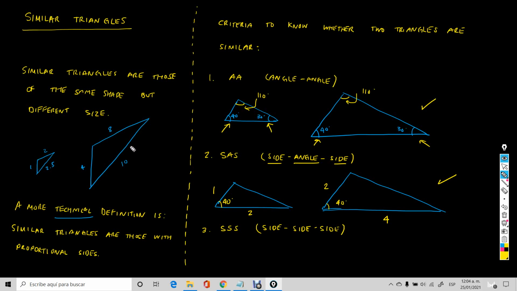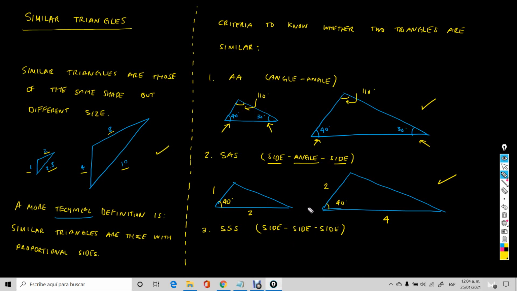You don't know the angles yet, but you know the three sides of this triangle, and you know the three sides of this triangle, and you know that this is to this, as this is to this, as this is to this. So all the proportionality is conserved, therefore these two triangles are similar, side, side, side.